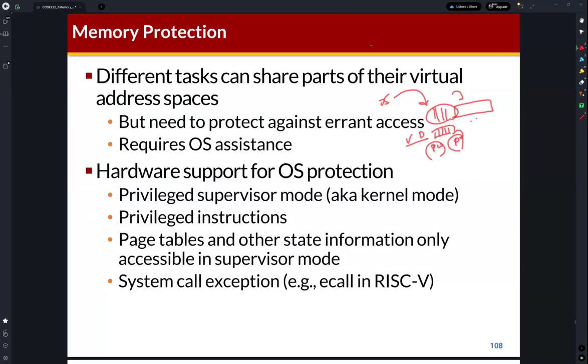This means we need to prevent some user programs from accessing the kernel space. So in memory, you can also use these protection bits for this purpose. So, data protection or security.